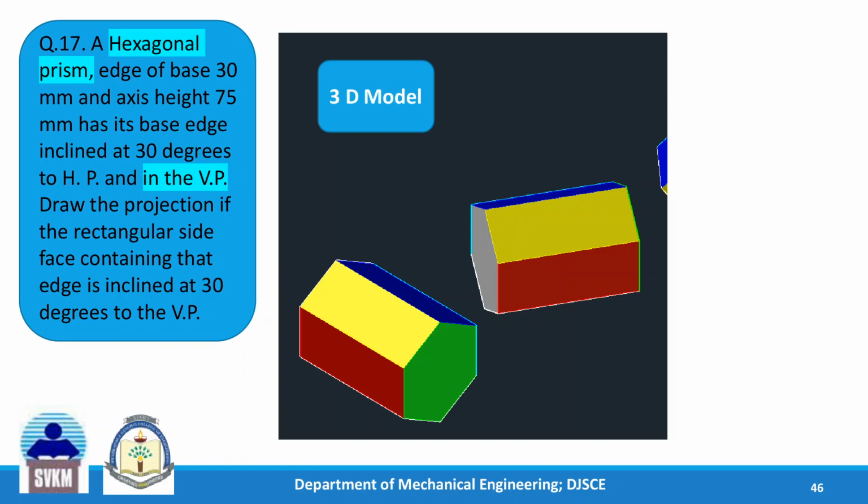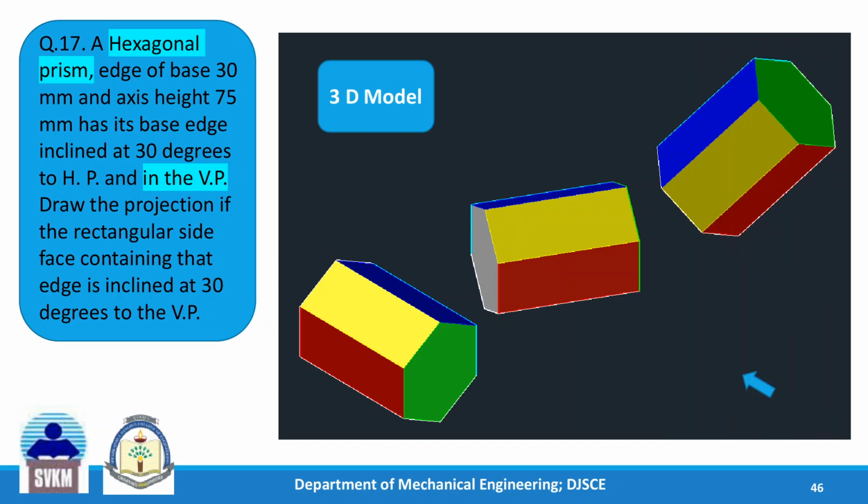And third step, this edge which is there in the VP, this edge is making 30 degrees with HP. So we are going to redraw this such that this is making 30 degrees with HP. So let us see the model for that. So this is that model.